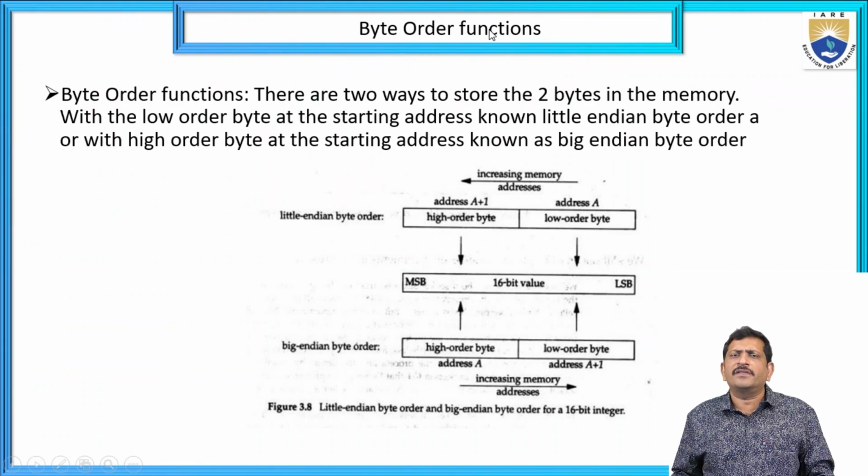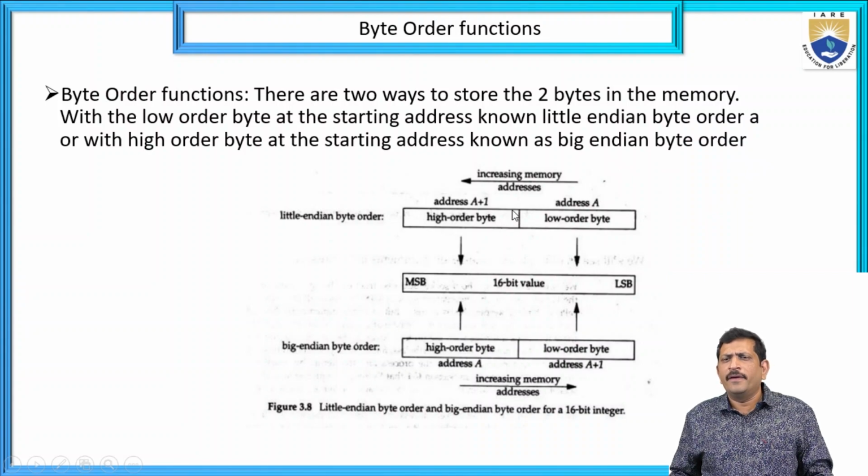Byte order functions. Here there are two ways of storing the 2 bytes in memory. With the low order byte at the starting address, known as little endian byte order, or with the high order byte at the starting address, known as big endian byte order.